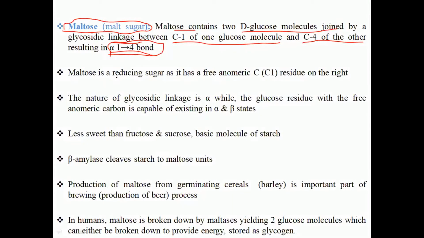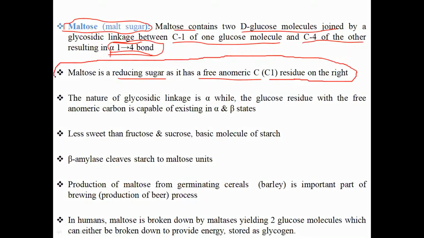Maltose is a reducing sugar as it has a free anomeric carbon 1 residue on the right side of the second sugar. So maltose contains two glucose units, and one glucose has a free anomeric carbon 1. So maltose acts as a reducing sugar.